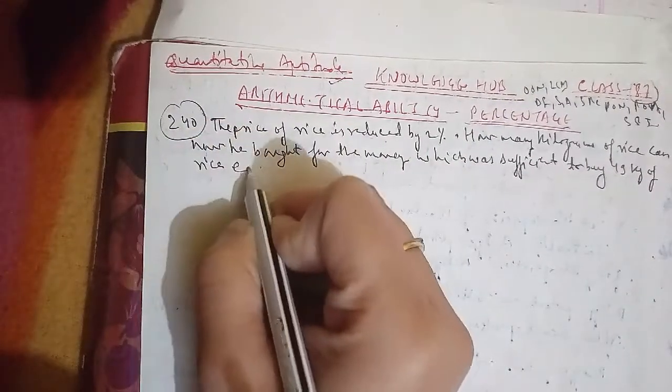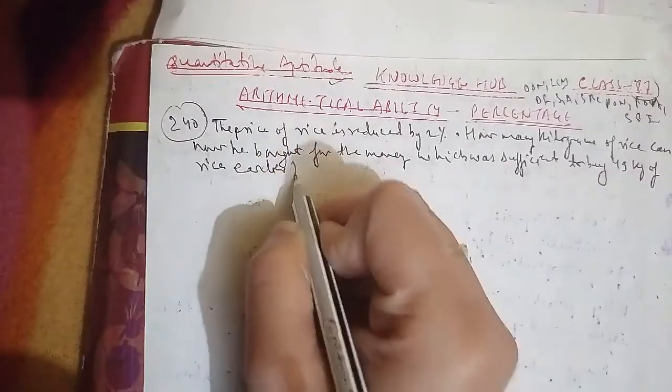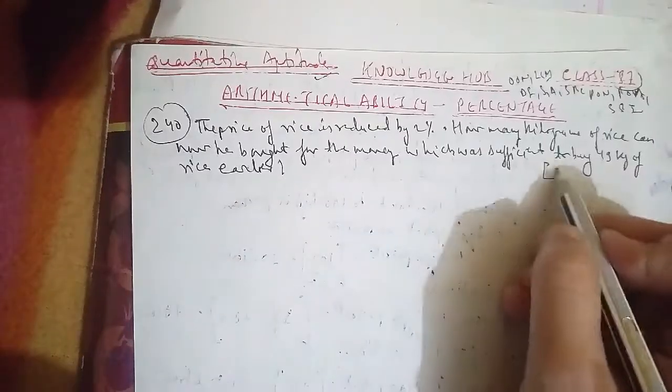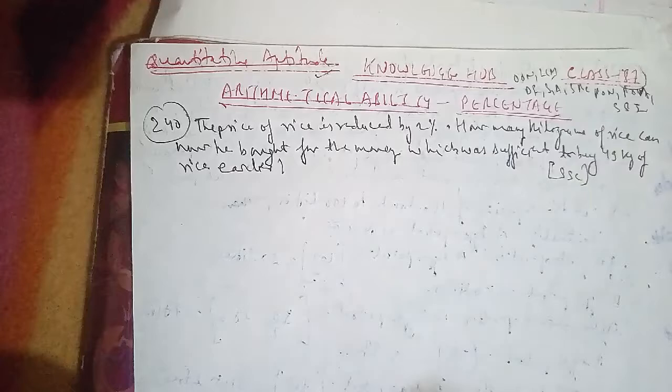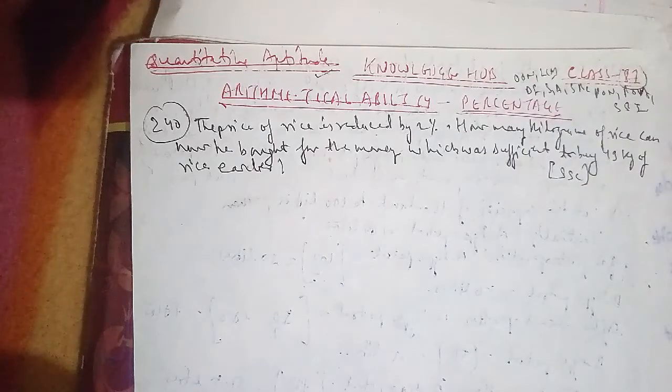That has been asked in an SSC examination paper. The options, as I told you, are 48 kg, 49 kg, 50 kg and 51 kg. We go ahead for the same.